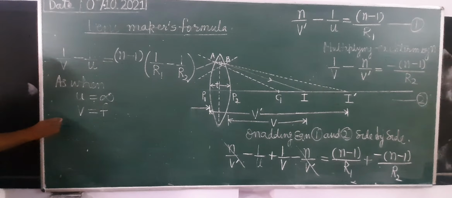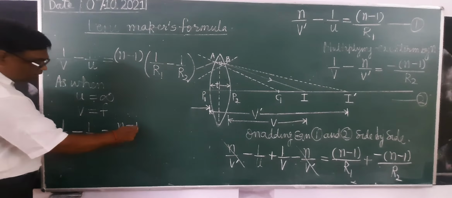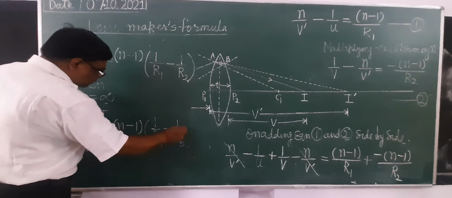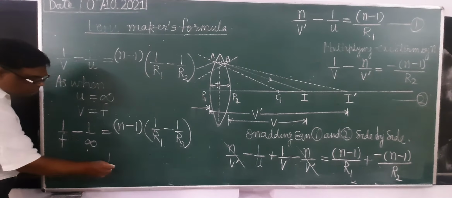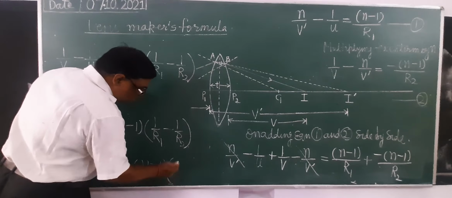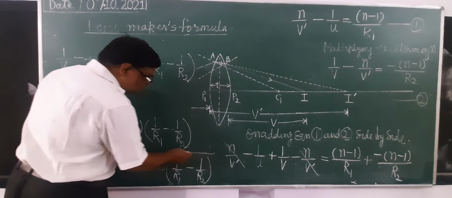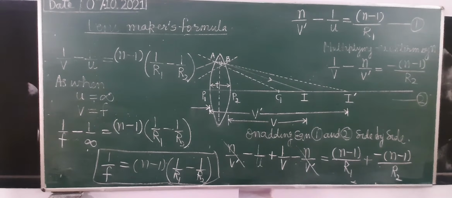Substituting this, 1 upon f minus 1 upon infinity equals to n minus 1 into 1 upon r1 minus 1 upon r2. 1 upon infinity is 0. So we can write 1 upon f equals to n minus 1 within bracket 1 upon r1 minus 1 upon r2. This is the lens maker's formula.